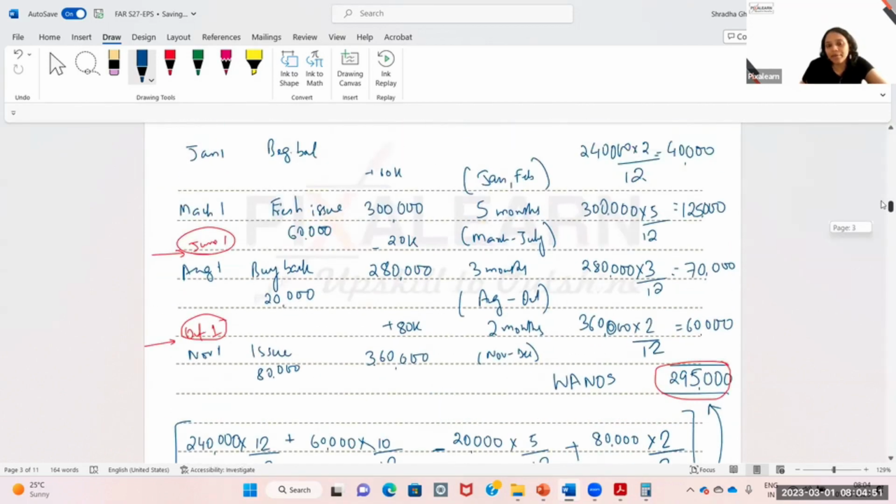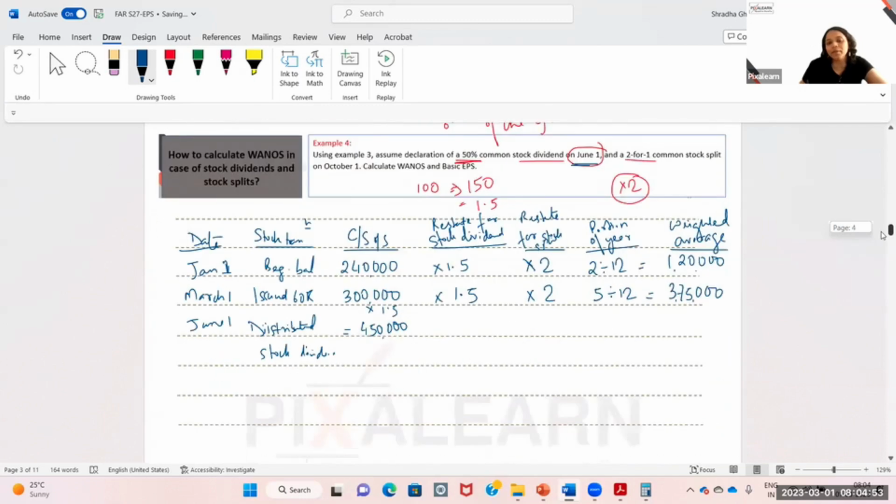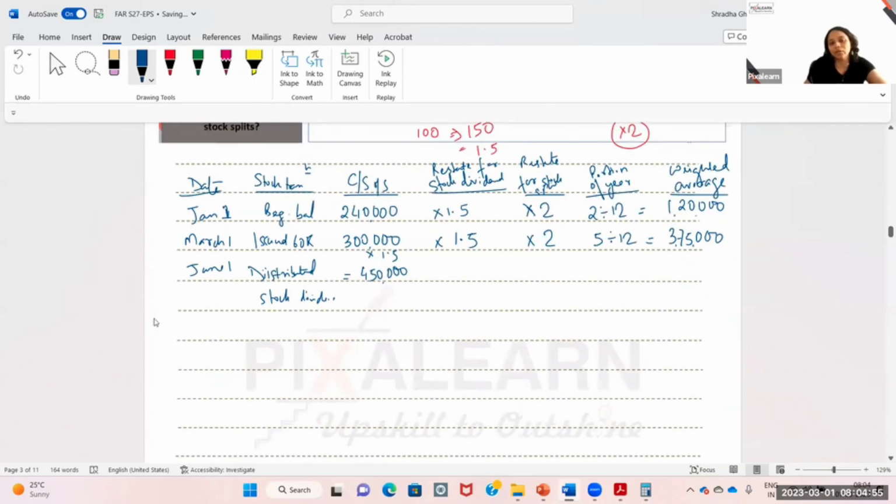Then the next event, what happened? On August 1, I had repurchased 20,000 shares. That means this will become 430,000 shares. Yes or no? For which there will be no stock split because that has already happened earlier.